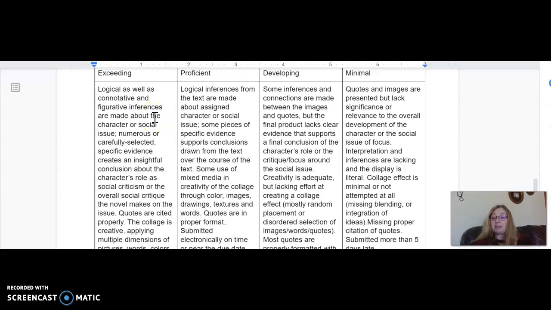Logical as well as connotative and figurative inferences are made about the character or social issue. Now, you'll recall that there's a handout in the module that goes through and for each chapter identifies all of the different idioms. So language that is used in one way, but if you think about it, it doesn't literally mean what it says.